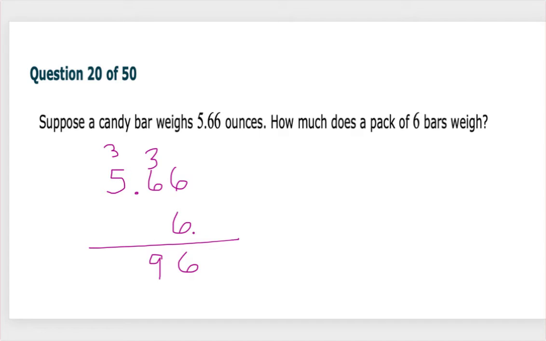And 5 times 6 is 30, plus 3 is 33. 2 decimal places, 1, 2. Now, does this make sense? 5 times 6 is 30, so we know the number should be larger than 30 because we've got more over here. So it does make sense.